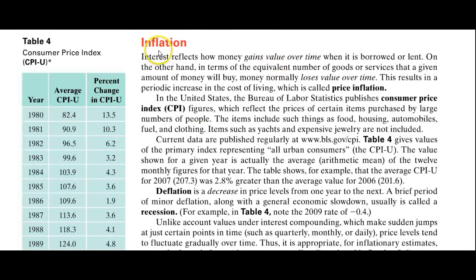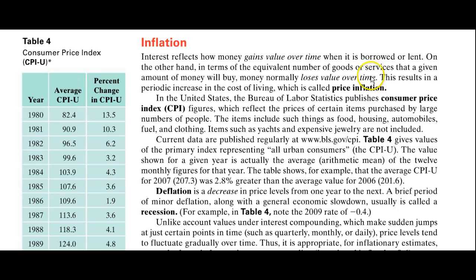Another term we often hear about is the word inflation. Well, this relates to your value of money and what it can purchase in goods. And through time, we say that generally there is an inflation rate and things get more expensive.